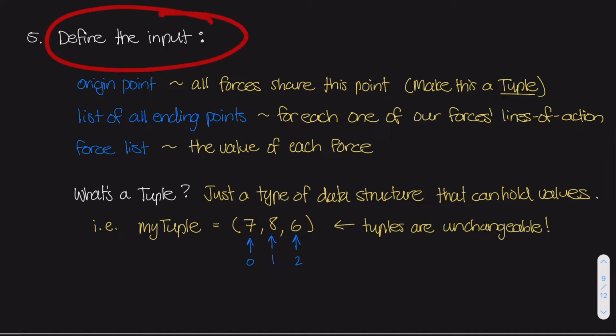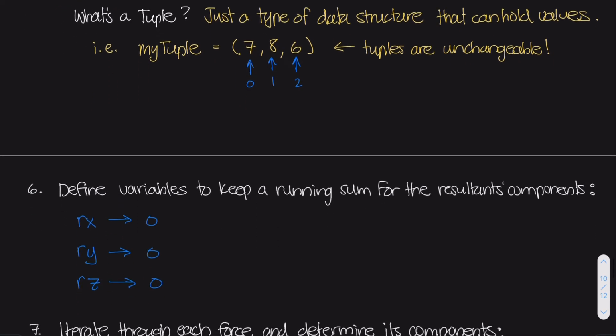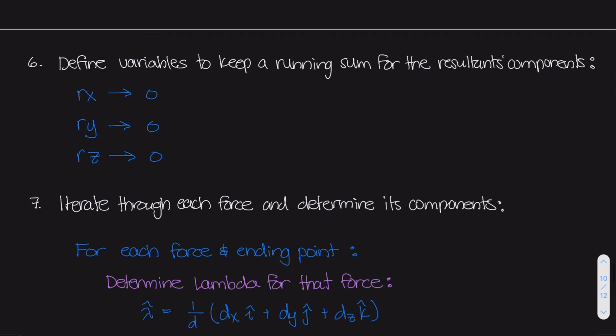Now once we've defined the input, once we have our origin point, a list of all those points, as well as a force list, the next thing we need to do is define variables to keep a running sum for the resultant's components. Remember, we're summing all the components in the x, y, and z directions, and we're going to add them to the resultant's x, y, and z components.